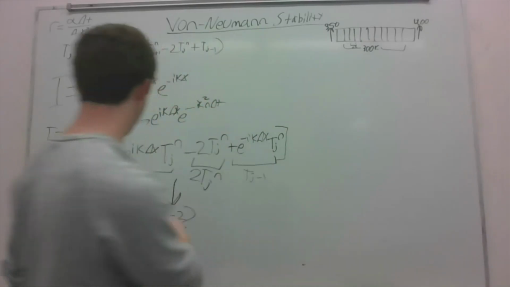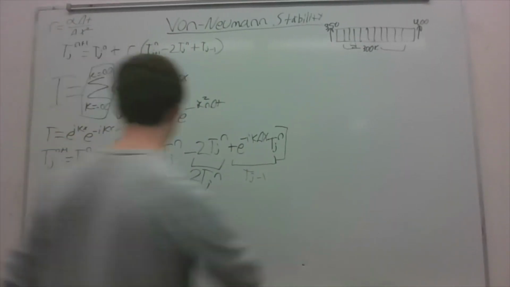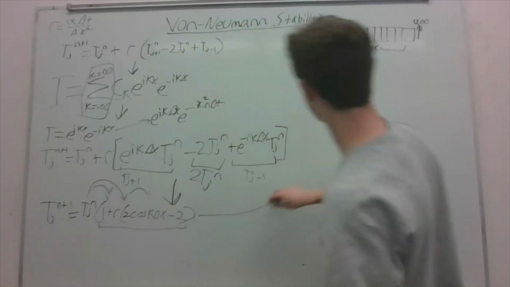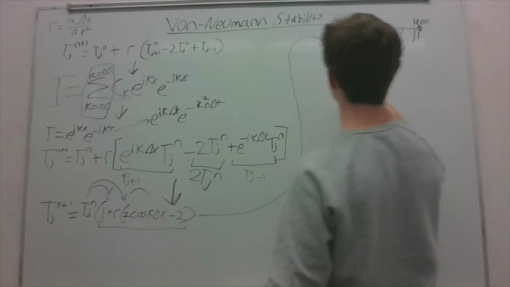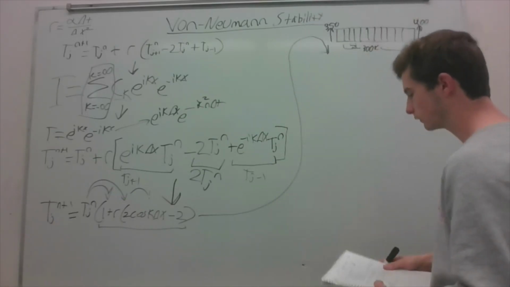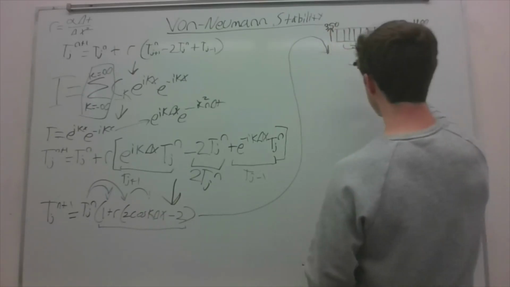Let's see. I can probably just put the next part up here. Okay, so we're going from here to about here. This is the stability test. What we're going to do is take the parenthesis part and set it like the following.